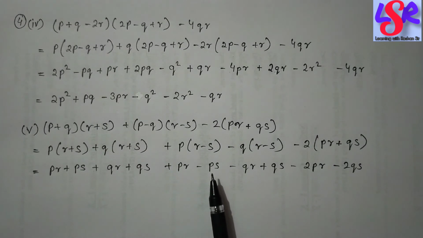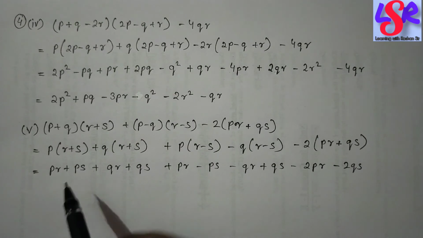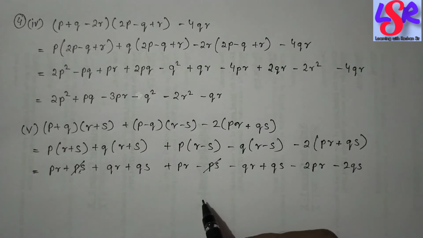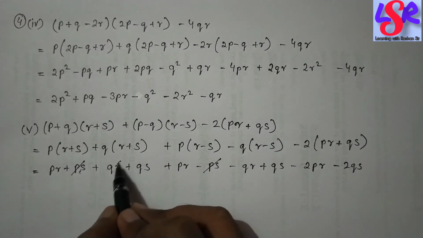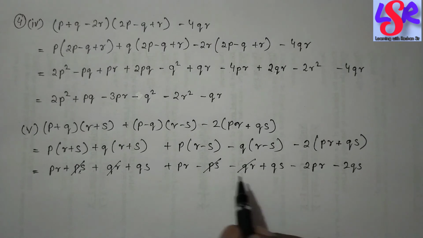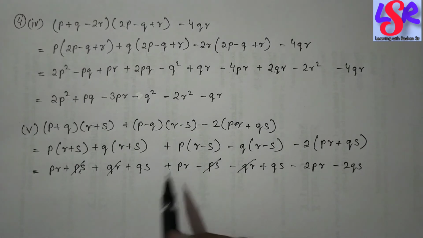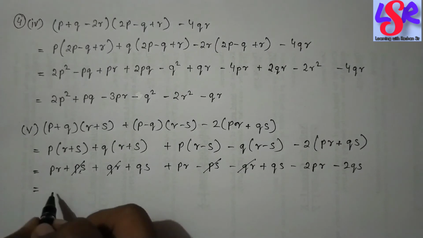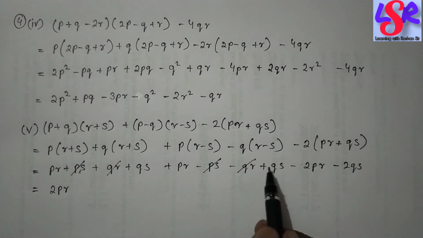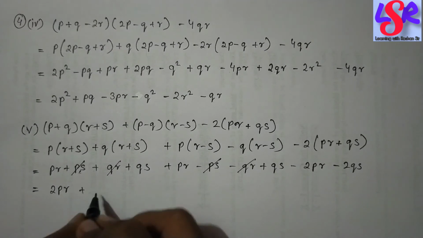So here we see we are having plus PS and minus PS. They cancelled out. Then we are having plus QR and minus QR. They will be cancelled out. Then we see that PR and PR, so this will become 2PR. Then QS and QS, this will become 2QS.